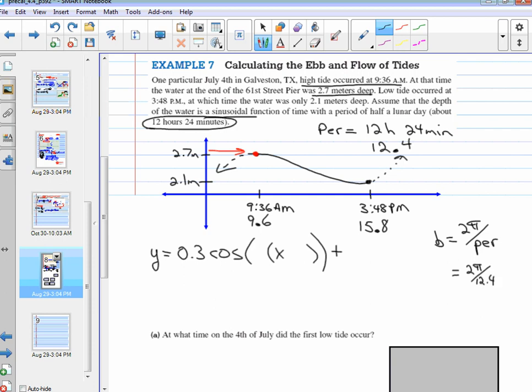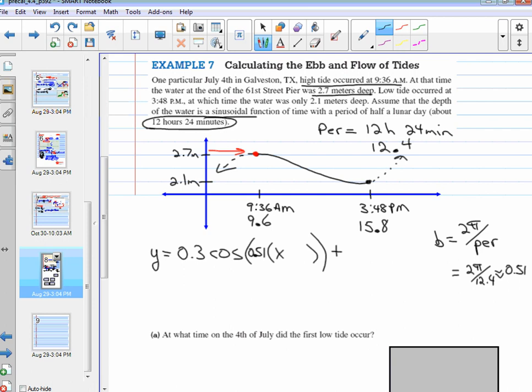Let's get a decimal approximation. We'll go to 2 places. 0.51. So there's my b, 0.51.